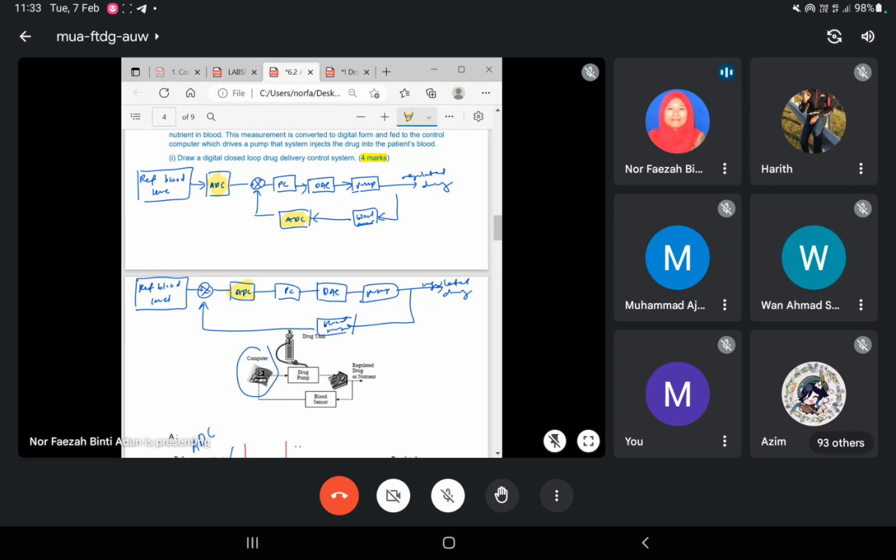Tapi soalan ni, because it is a digital system, this is question for chapter 3. Tapi still lukis block diagram lah, also related to chapter 1. Because you have to understand closed loop block diagram punya components. It has input, controller, plant, output, and then your feedback sensor.